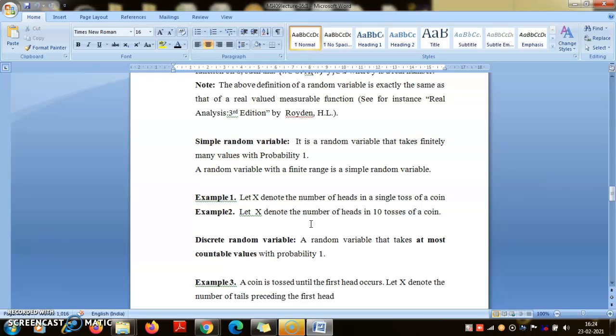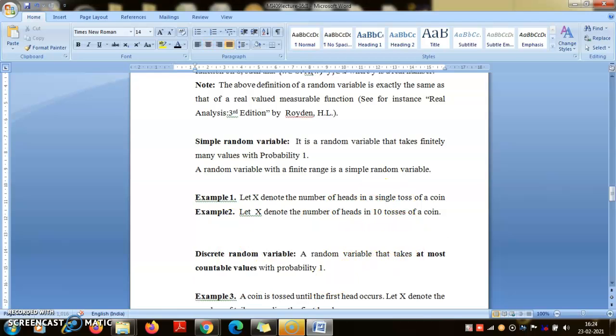So if the random variable is taking values a1, a2, up to ak, you can split the sample space. Let me write here a bit.